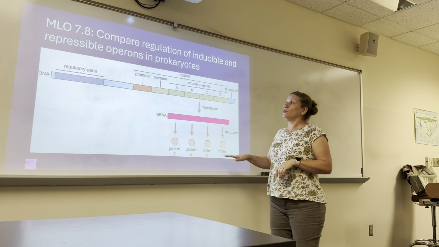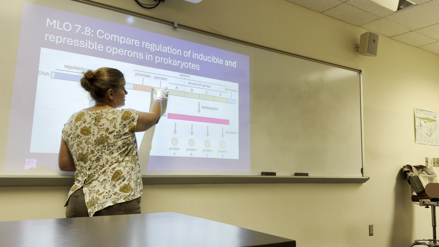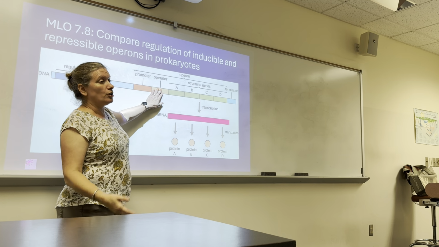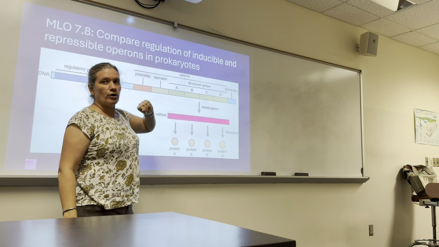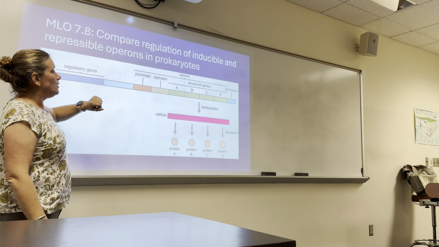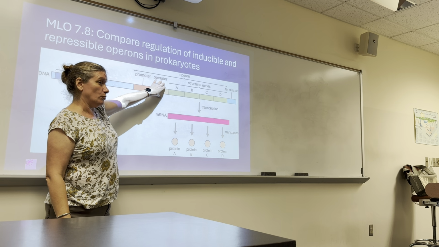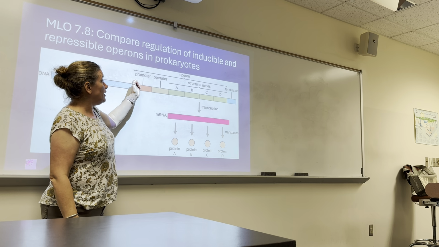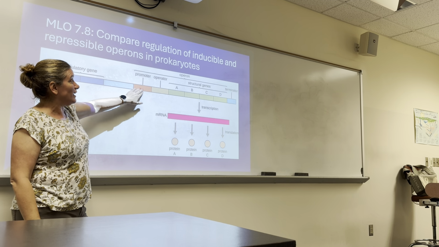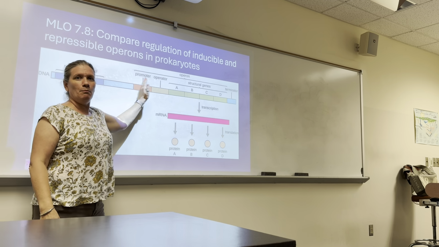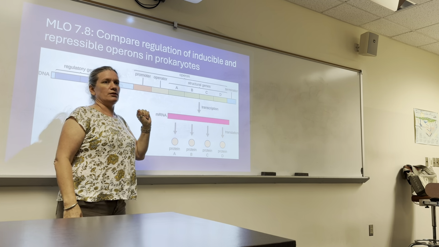Now, in addition, you'll notice there's something else. Between the promoter and the structural genes is the operator. The operator controls whether these structural genes are going to get transcribed or not. If a protein is bound to this location, then even if the RNA polymerase can recognize the promoter, it can't move forward, so it'll never transcribe these genes.